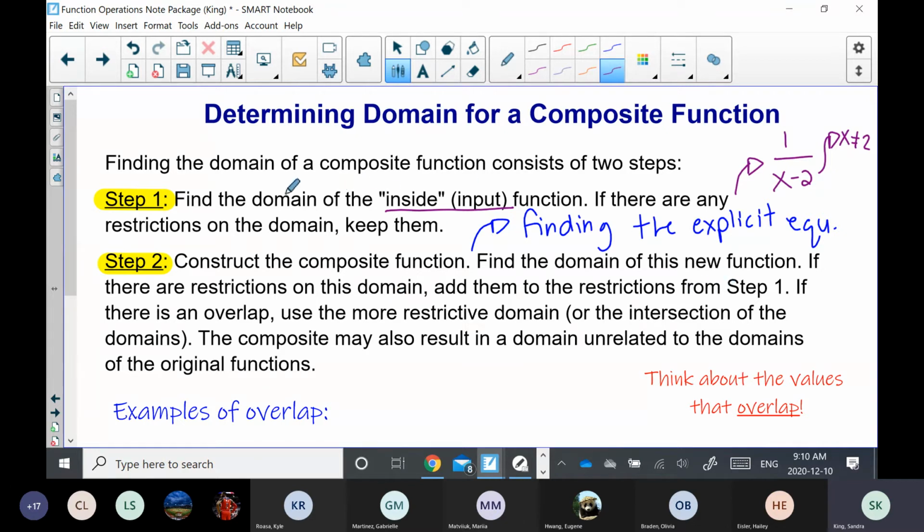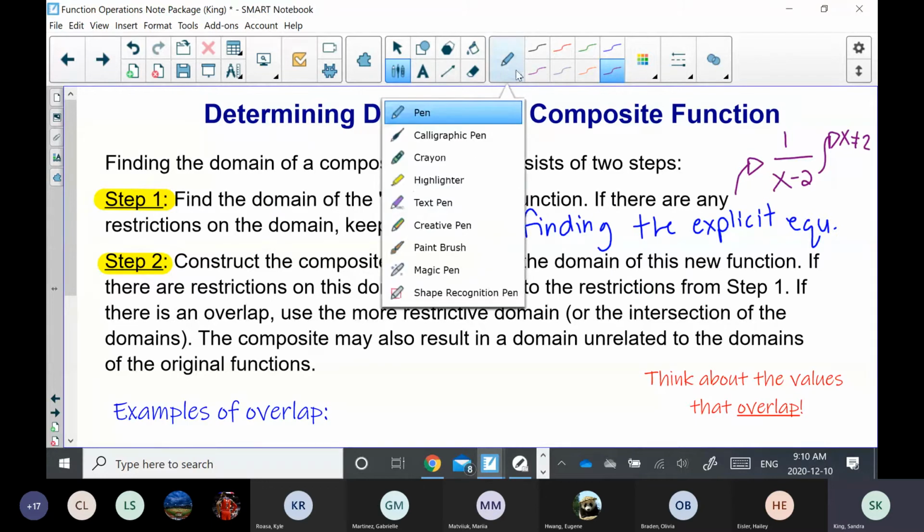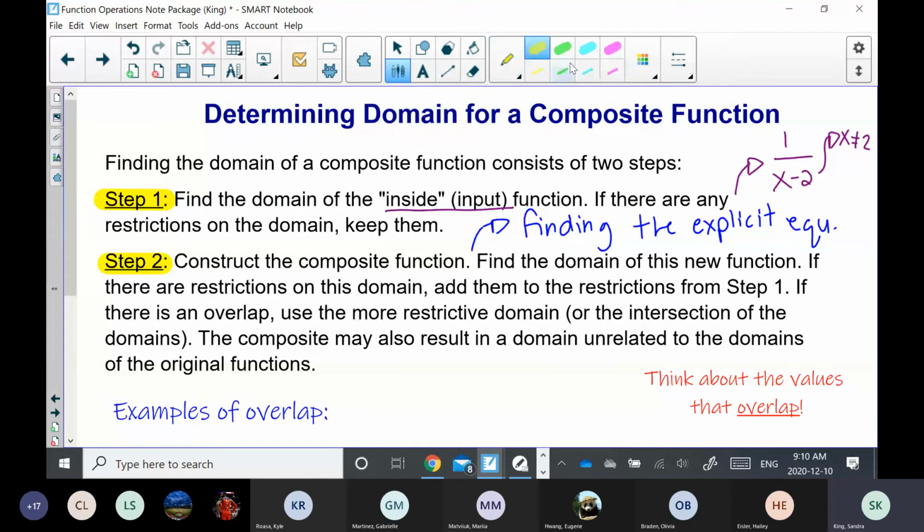So we're going to say that we'll keep this restriction and this restriction. Or if there's an overlap, what we do for an overlap, and again, this will make sense once you see examples, we use the more restrictive domain. Okay, let's explore this by looking at actual examples, and then this will make sense.